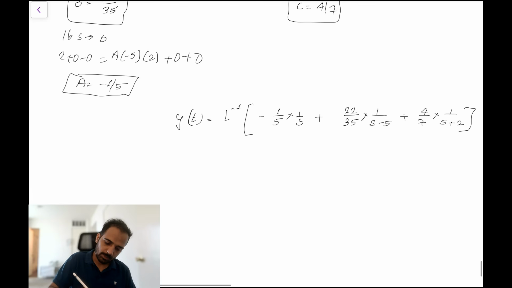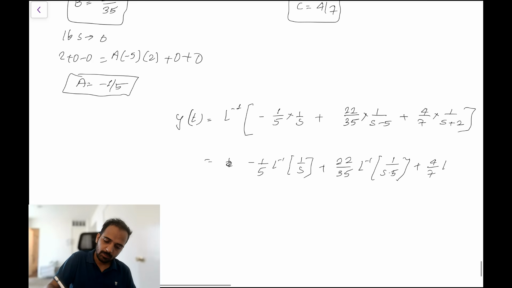So I can write this as minus 1 over 5 Laplace inverse of 1 over s, plus 22 over 35 Laplace inverse of 1 over s minus 5, plus 4 by 7 Laplace inverse of 1 over s plus 2.